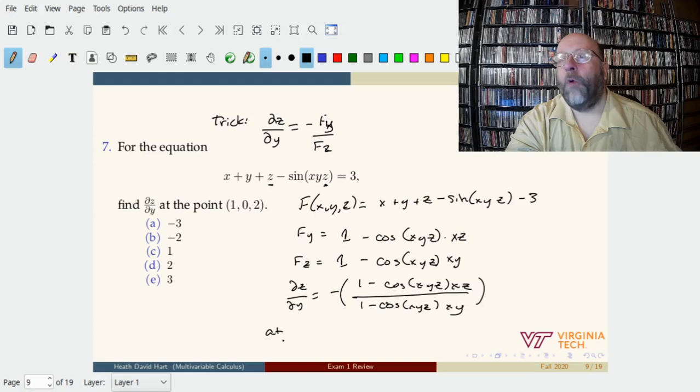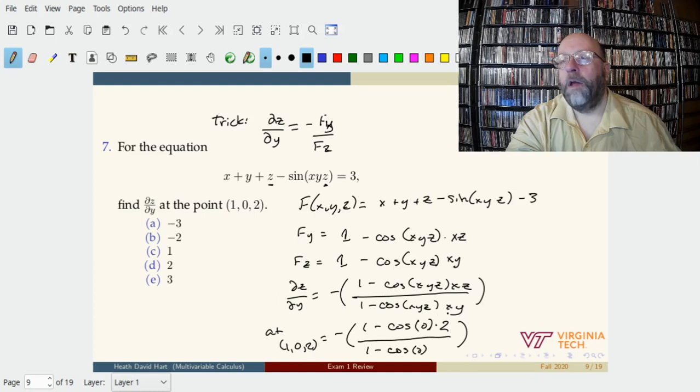And at the point 1, 0, 2, when we multiply all three of these together, we get 0 times xz, which is 2, over 1 minus the cosine of 0.